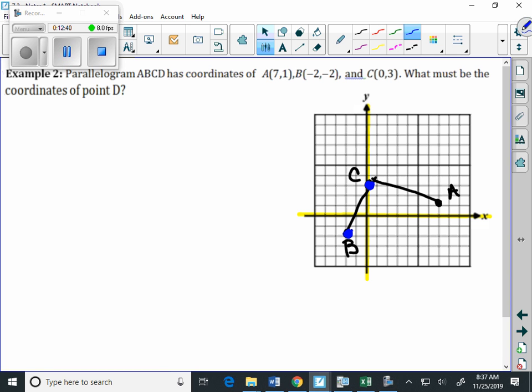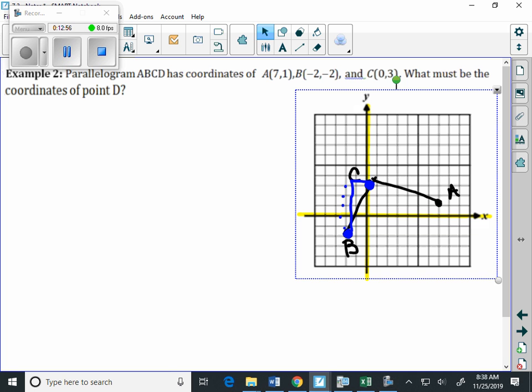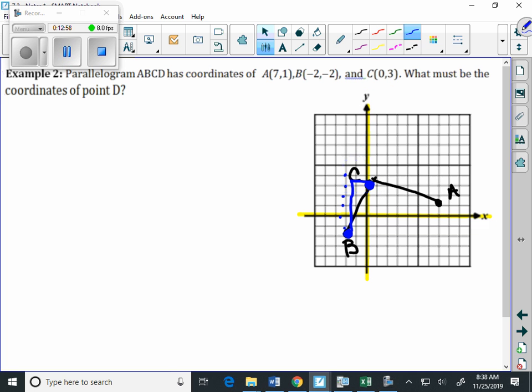So if we draw in our triangle here again, and super disoriented all of a sudden, but when we count 1, 2, 3, 4, 5, and I can hardly count here, 1, 2, 3, 4, 5, 6. And then we went 1, 2. So we rose 6, we went 2 to the right.